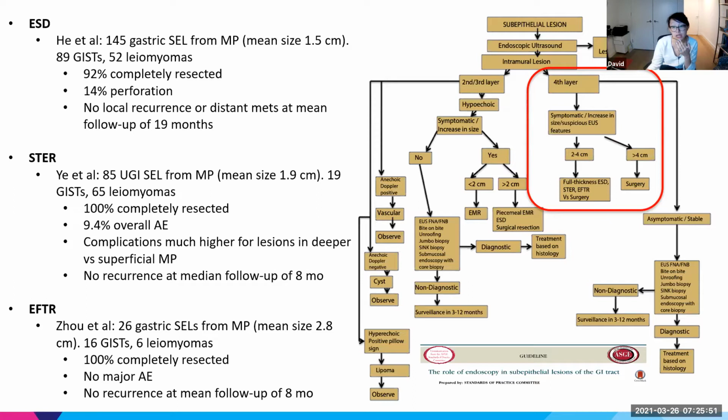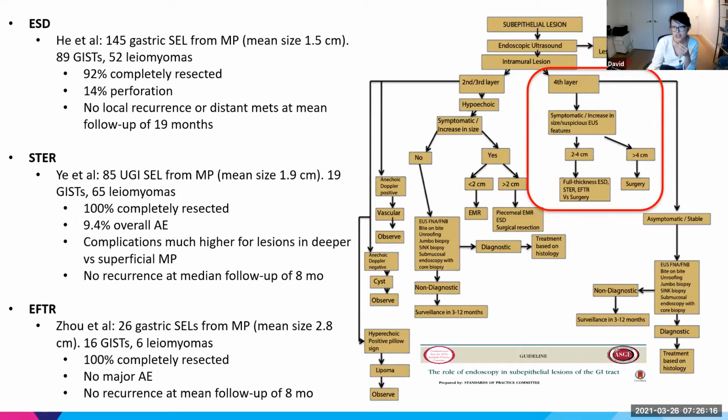So Yi and company utilized this technique in 85 upper GI subepithelial lesions arising from the muscularis propria. All of these cases were completely resected with an overall rate of adverse events being about 10%, with the pneumothorax being the most common, and all adverse events were managed conservatively.